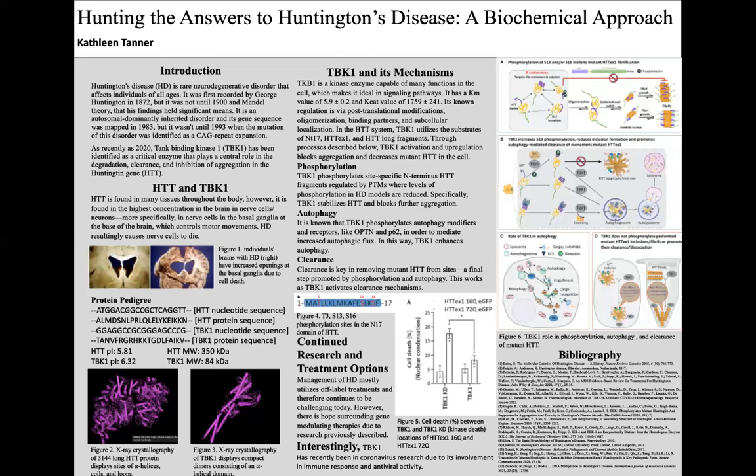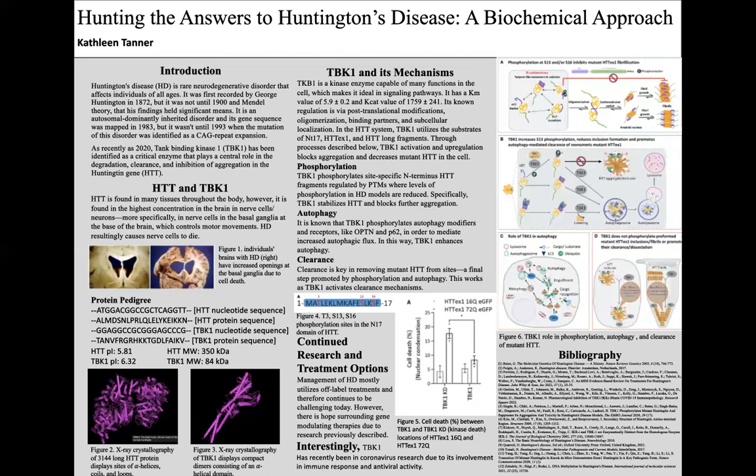TBK1 is known for regulating systems through post-translational modifications, or PTMs. TBK1 also regulates binding partners and associated chemical pathways of the system as described. But we will see shortly exactly how TBK1 regulates the HTT gene.